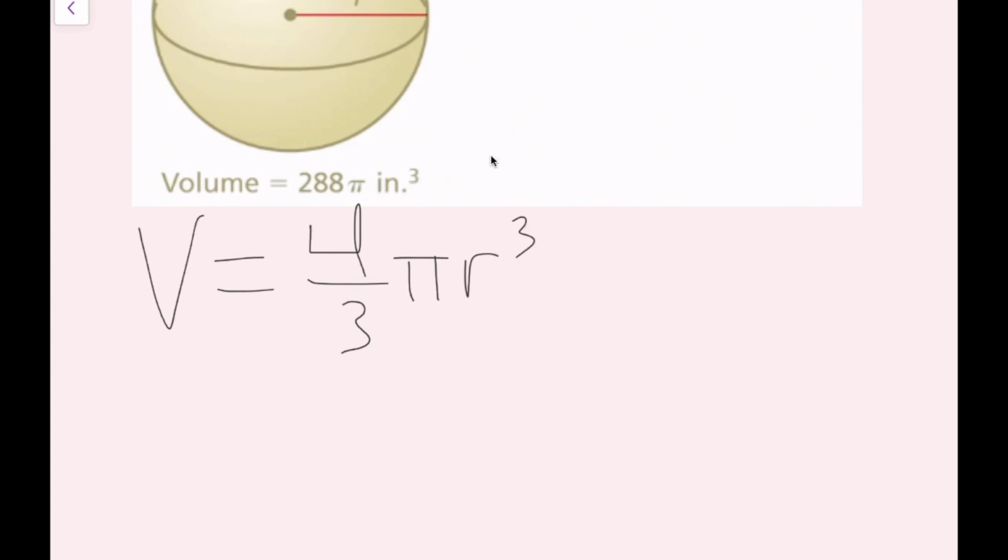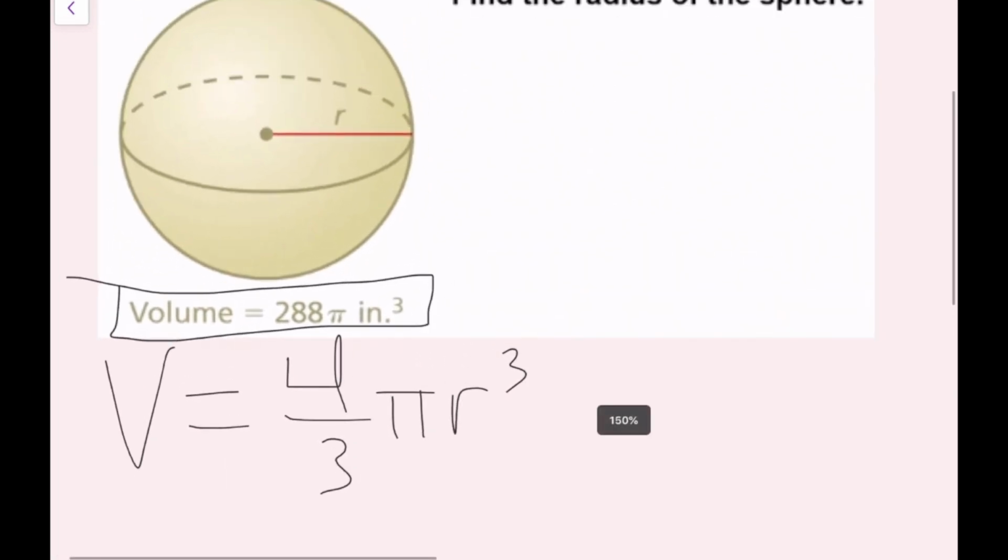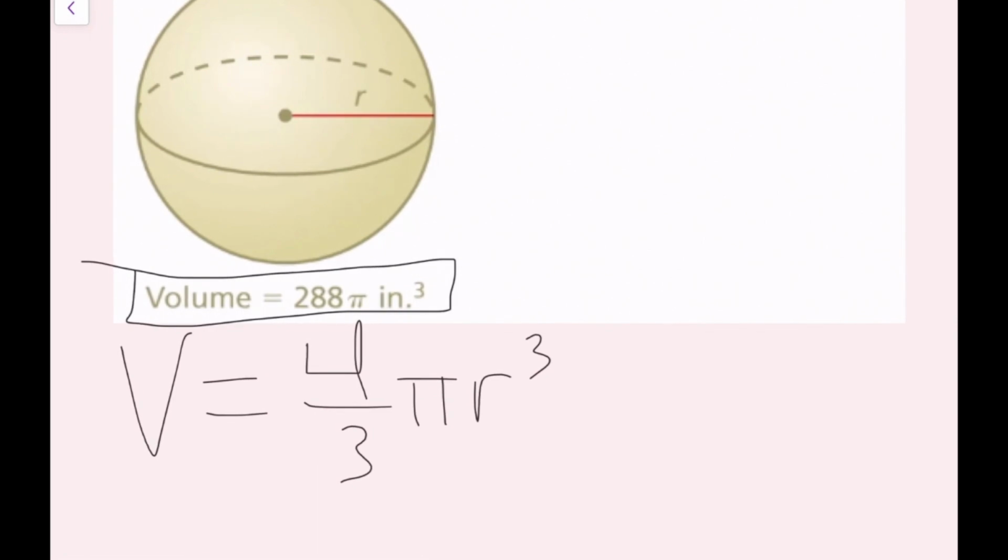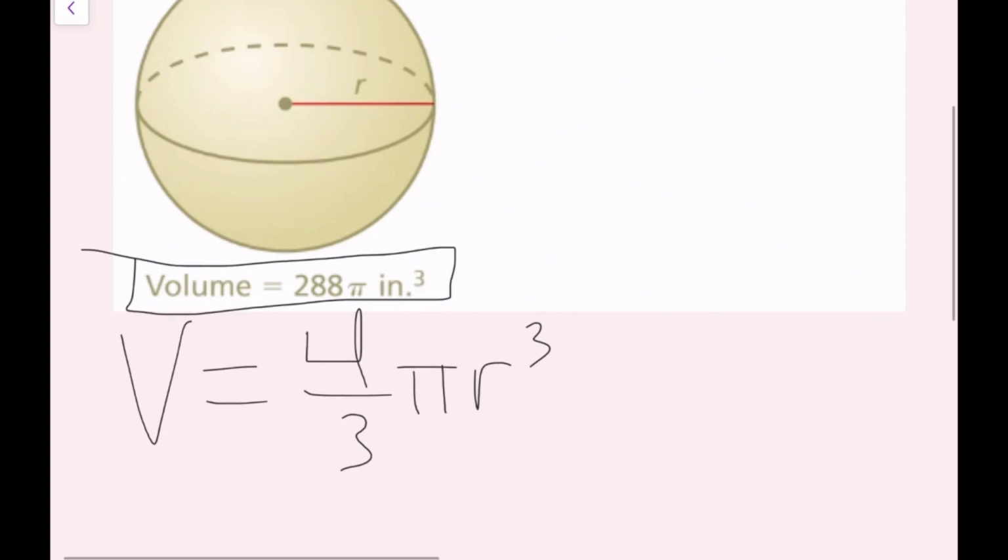I don't know what my radius is, but I do know my volume. My volume is 288 pi. And if we look at the instructions, it does not tell us to round, so we're looking for an exact answer. And since we have a pi in our volume, it's looking like the pi's are going to cancel out, so we're hopefully going to get a rational number here.